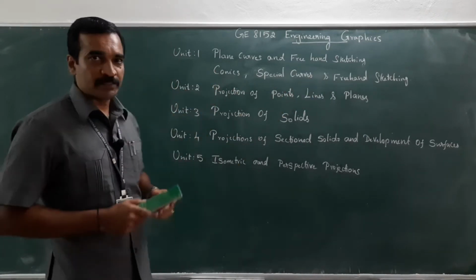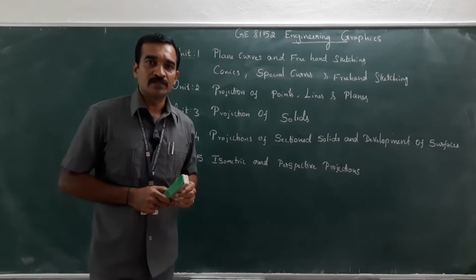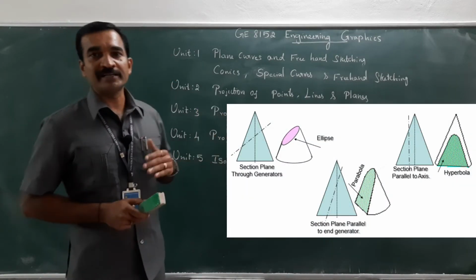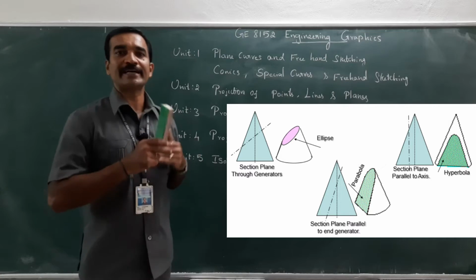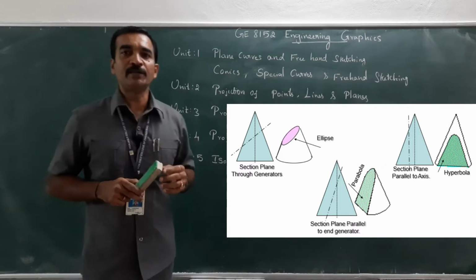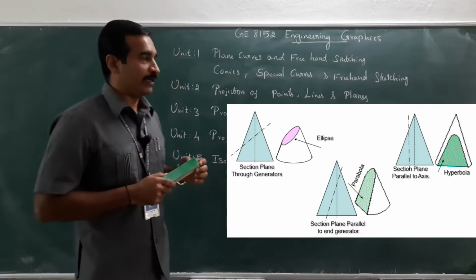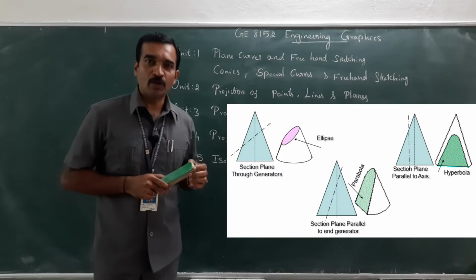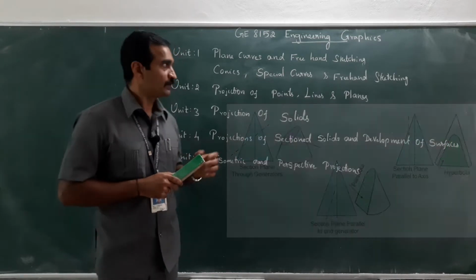Under conics, we have three curves, that is conic section. By using the cutting plane, we get three profiles, namely ellipse, parabola and hyperbola.